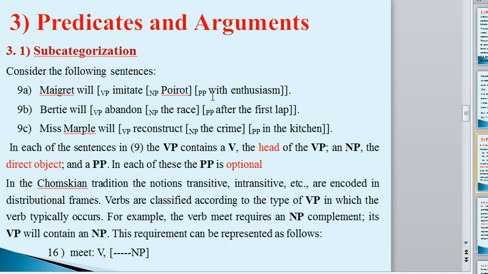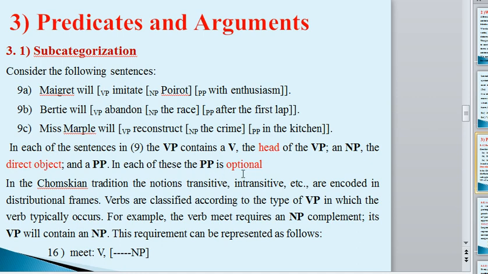Each sentence also contains a prepositional phrase: with enthusiasm, after the first lap, and in the kitchen. These are optional phrases, so we can omit them. We cannot omit the head or the direct object because they are obligatory for completing the meaning of the verb phrase.